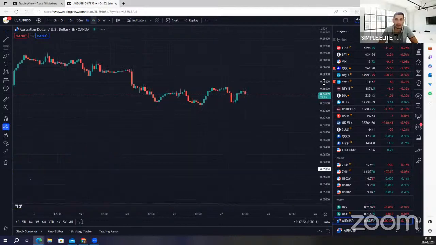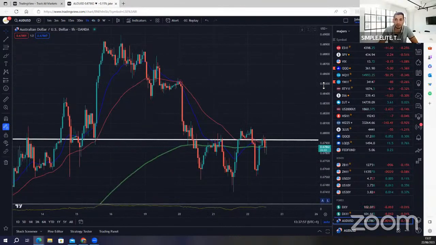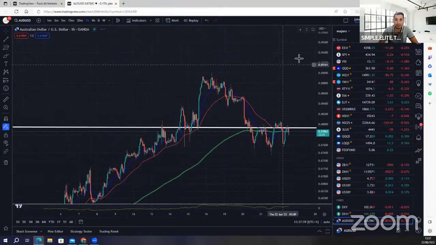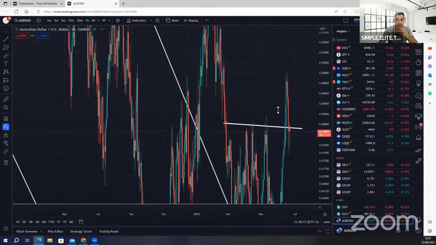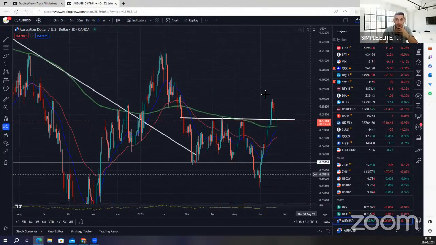Let's see the 1 hour time frame. You can see price is making a base around the support level now. So let's see if it's going to break and retest to be on the long side. I really like this chart because we could probably see the beginning of the uptrend.